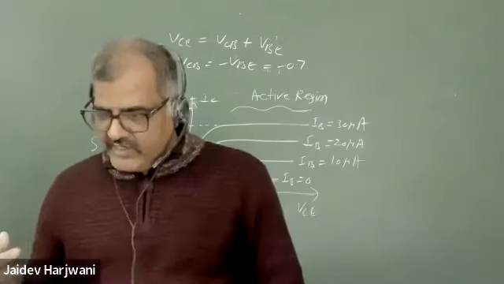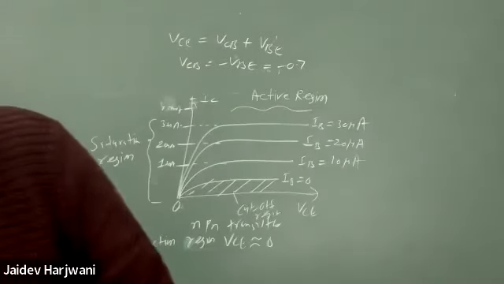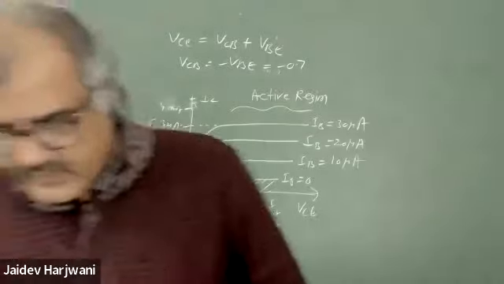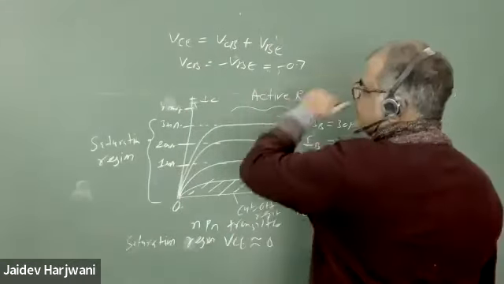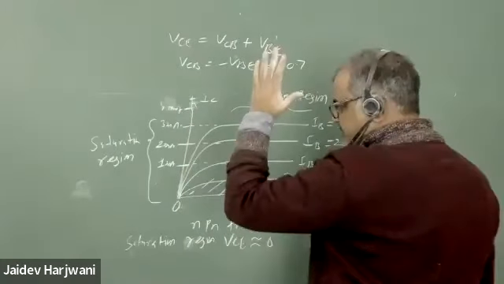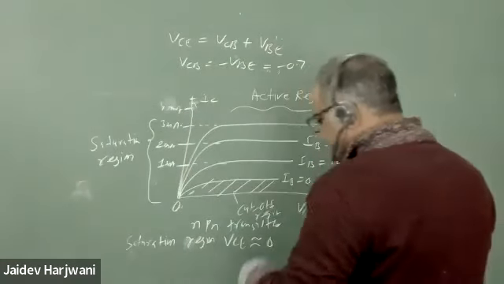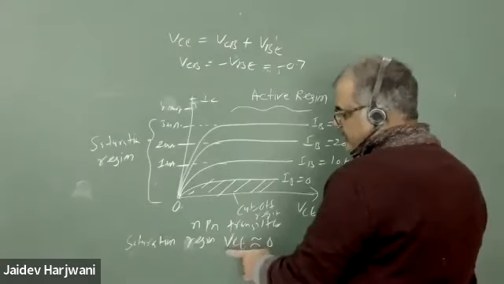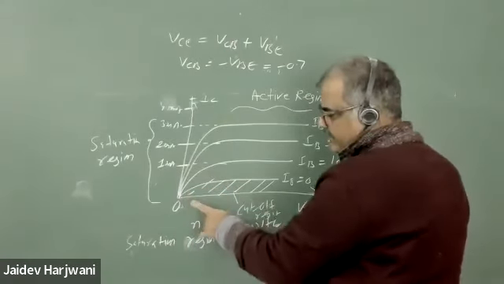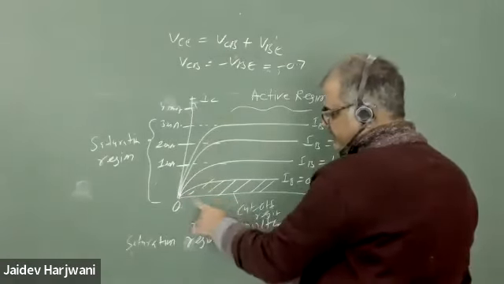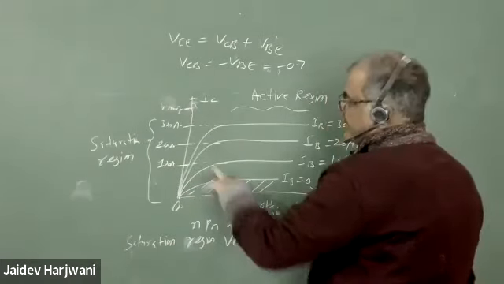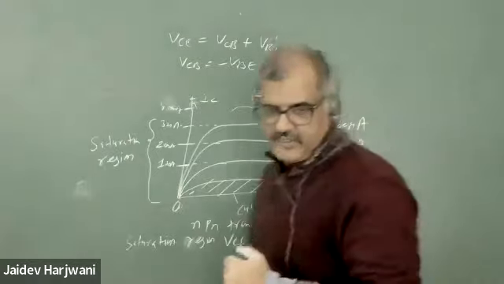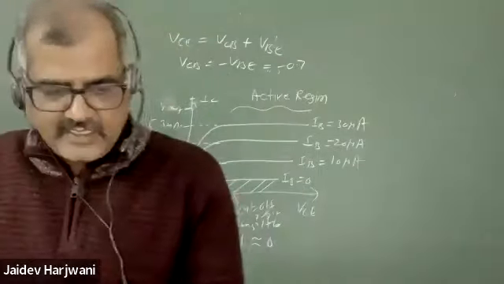So here VCB almost becomes forward bias. That means this region is the saturation region. So whenever VCE comes close to 0, you should doubt whether the region is active or saturation. How to confirm that, we will check further.